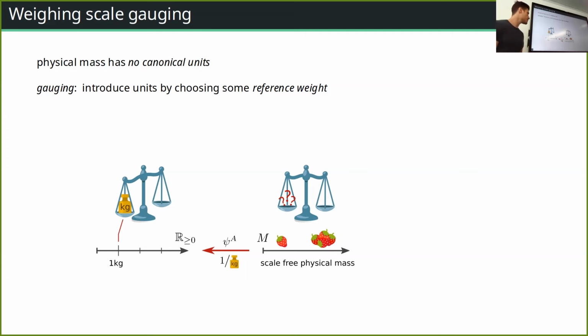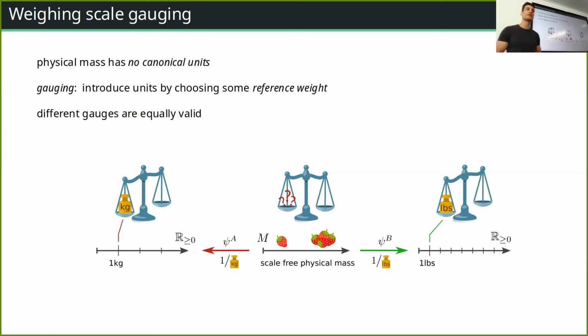So you could say, okay, I measure it in terms of kilograms. And this would be a gauge map formally, which takes this scale-free physical mass and maps it to positive real numbers, to some numerical weight value. And this kind of gives you axis ticks on this positive real line. But of course, you could also use different units of measurement like pounds, and then you would get different axis ticks. And it really doesn't matter which one you choose, or it should not matter at least.